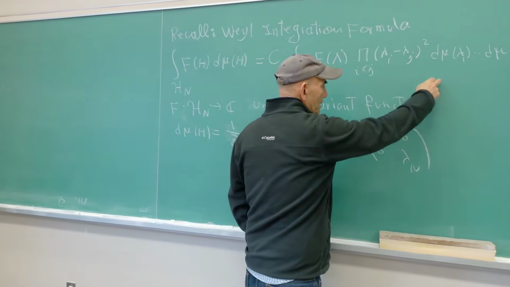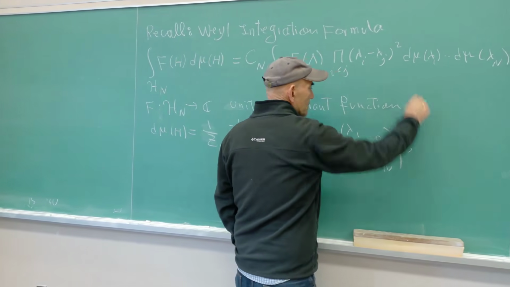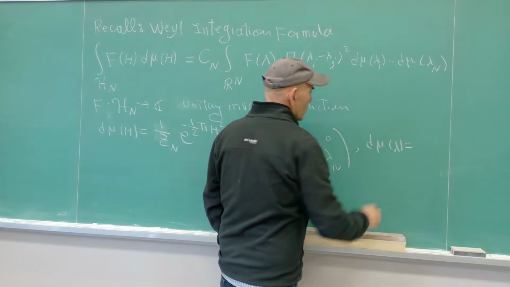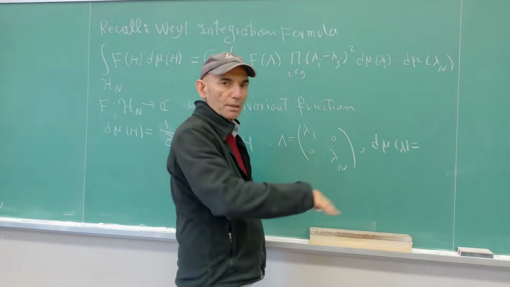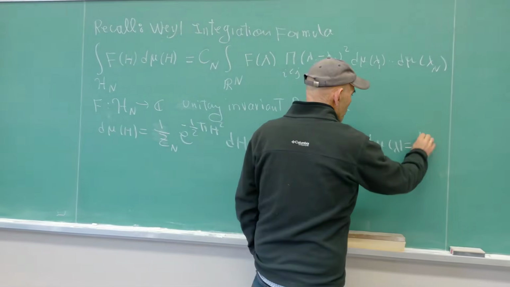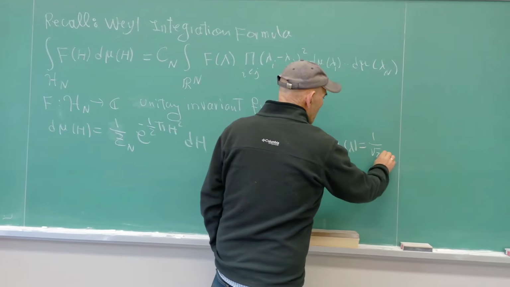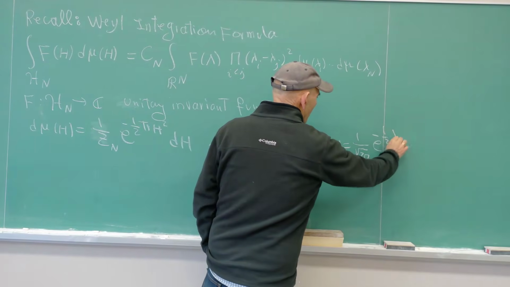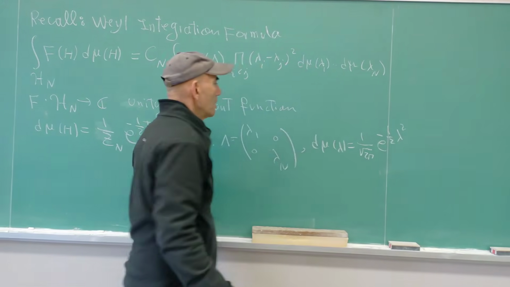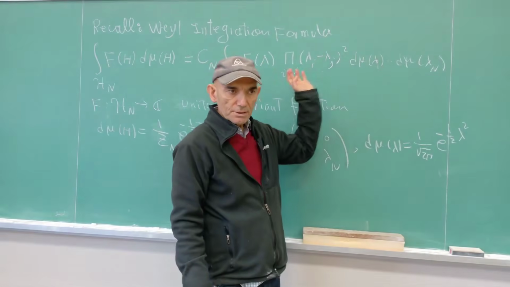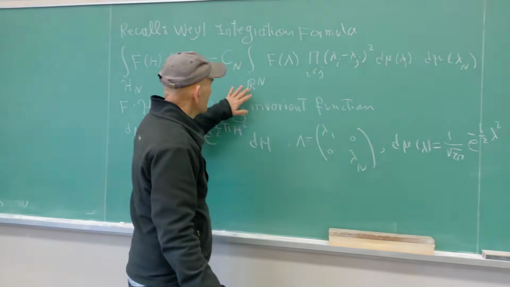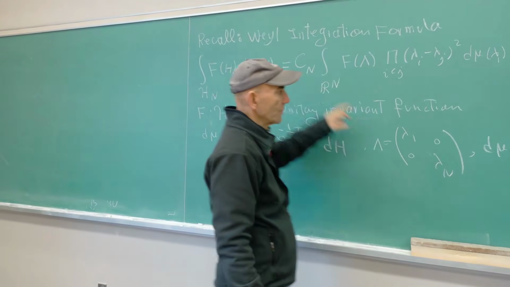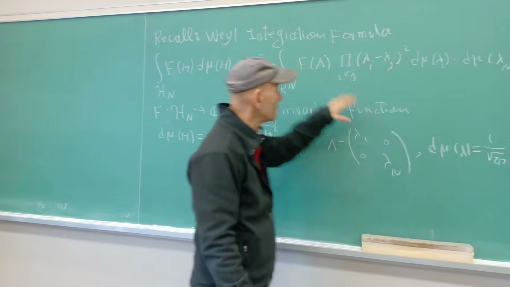This is clear, and then I have to define this d mu of lambda, which is also a Gaussian on the line. So this is 1 over root 2 pi exponential of minus 1/2 lambda squared. So these are products of Gaussians in Rn. This is the standard normal Gaussian vector in Rn, the distribution is the product of these.